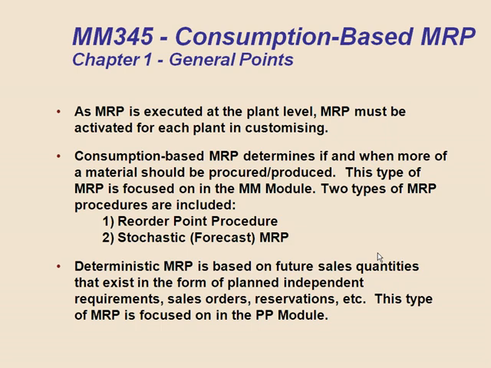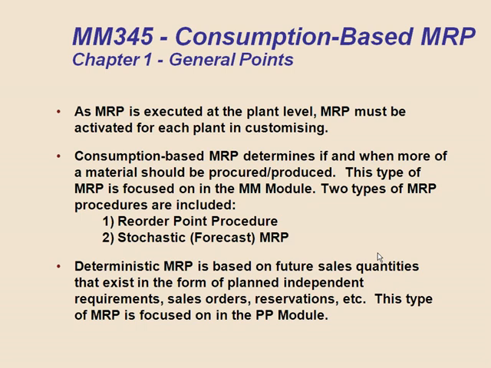As MRP is executed at the plant level, MRP must be activated for each plant in customizing. We will discuss this when we go into configurations. What you have to understand is at what level MRP will be carried out. Normally, MRP is carried out at plant level, but if you require, you can also execute it at storage location level.